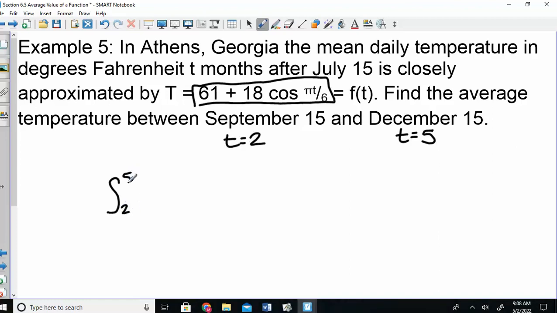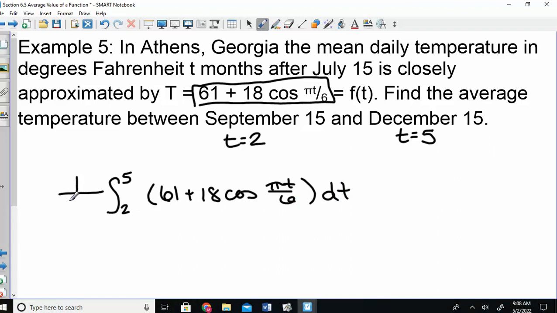So we're going to integrate from 2 to 5. And what would I have to put in front? 1/3. Antiderivative of 61 is 61t.